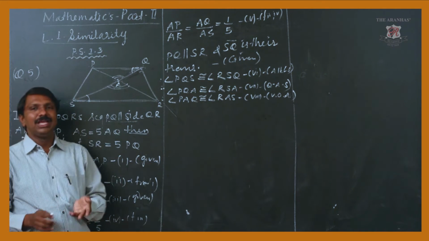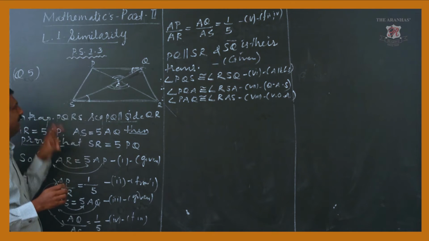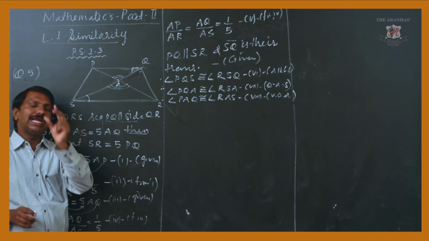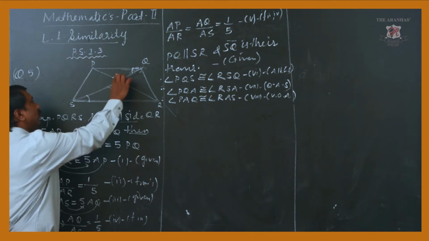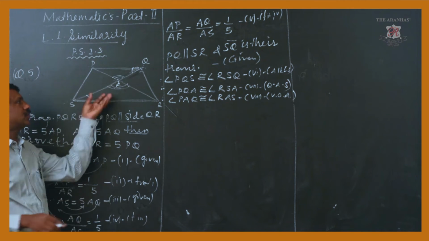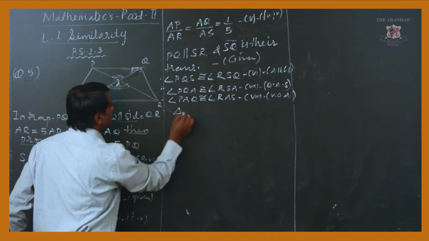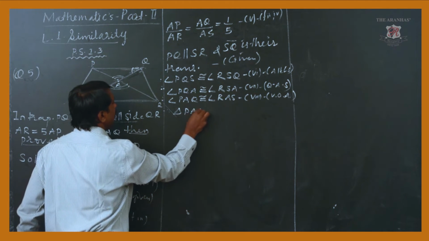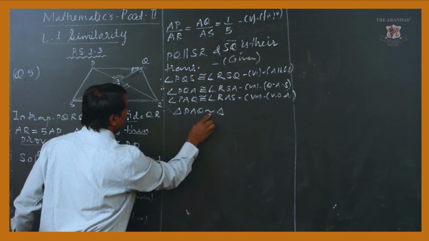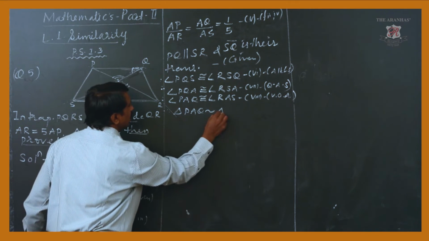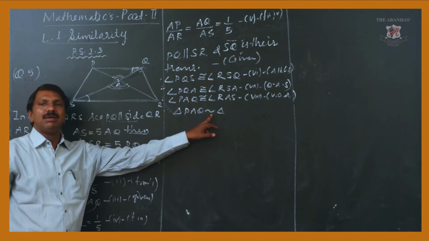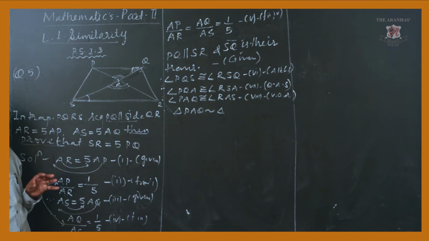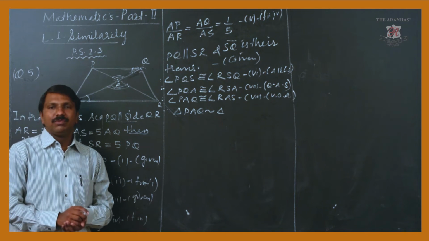And we know that if you are comparing two triangles in the concept of similarity, and you get two pairs of angles congruent, obviously we can prove these two triangles are similar. So here we can mention triangle PAQ is similar to triangle RAS. Pay attention here: always when you say similar, you are showing the sign of congruency, and that is the point where you will get stuck.